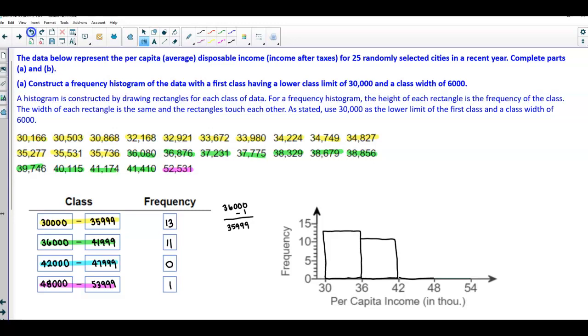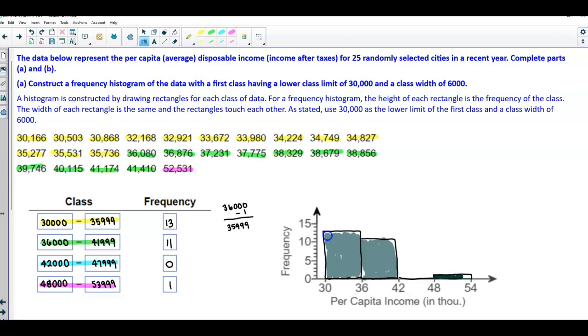The next one is between 48,000 and 53,999, and it's 1. So we go up, and there is our rectangle for that class. We can go ahead and fill it in. Here is the rectangle for the first class. Here is the rectangle for the second class.